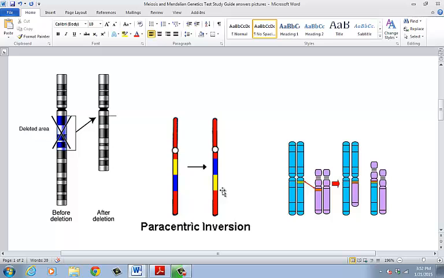So you'd see the banding would look different, and they're just inverted. But it's still on that same chromosome. This isn't going to here, and this isn't going to here. This is the chromosome, and on the other one, it's inverted. And then over here, we have our translocation. So we have this information going over to here. We see this area going on over, and you can see the switch there.